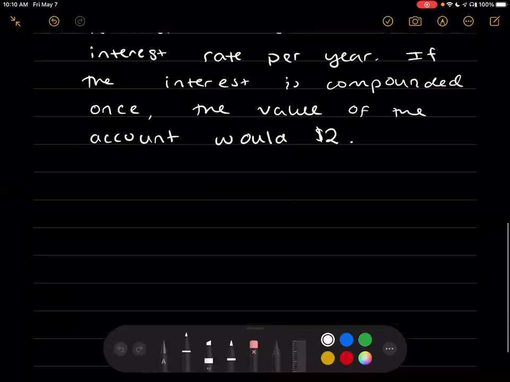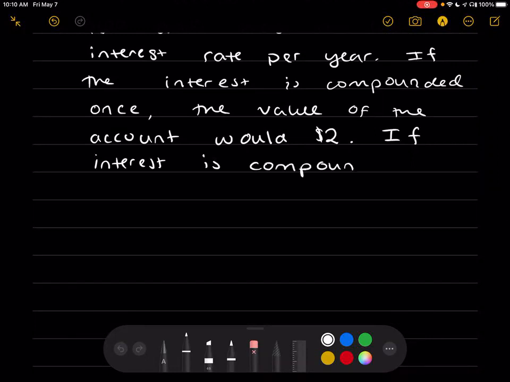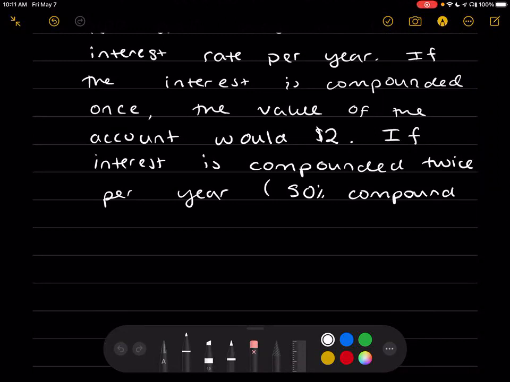But if interest is compounded twice per year, what that means is that you have 50% compound interest each time.